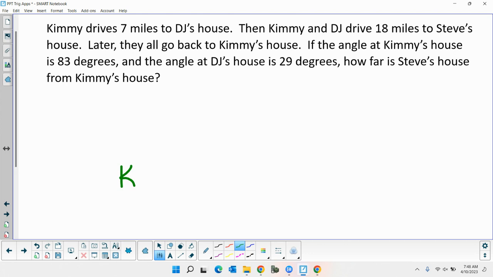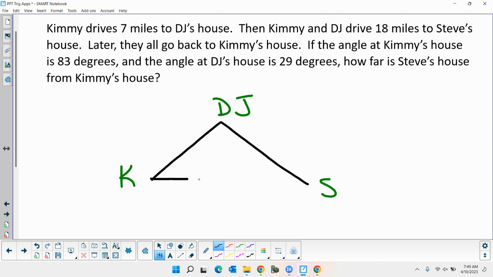So, let's say Kimmy's here and DJ's up here and Steve's over here. We're just going to draw a little triangle to each house. A line to each. There's a triangle in it, okay? It says Kimmy goes from her house to DJ's, and it's 7 miles, so that side would be 7. And then together they go 18 miles to Steve's, so that would be here.